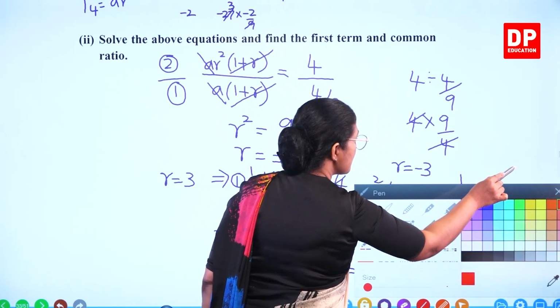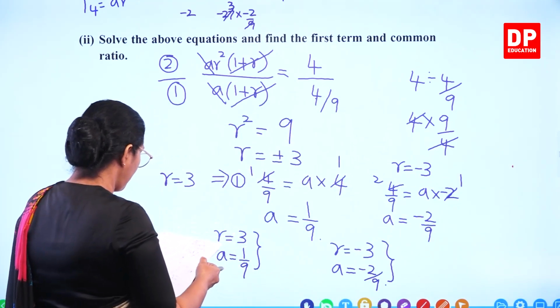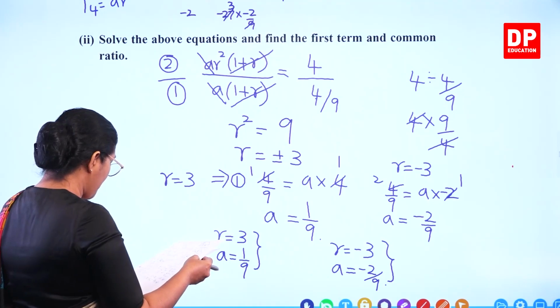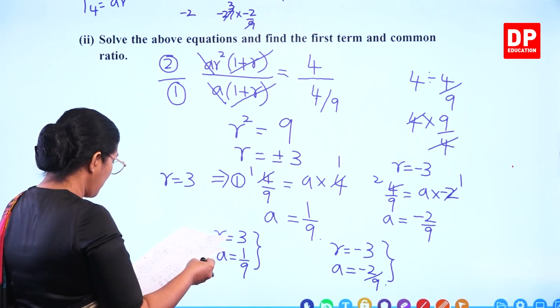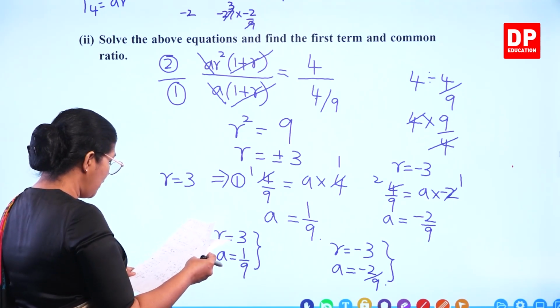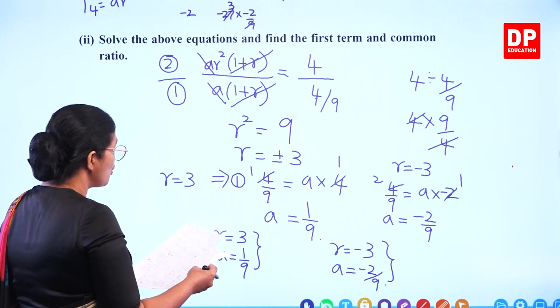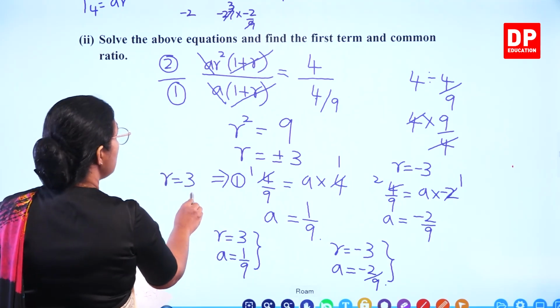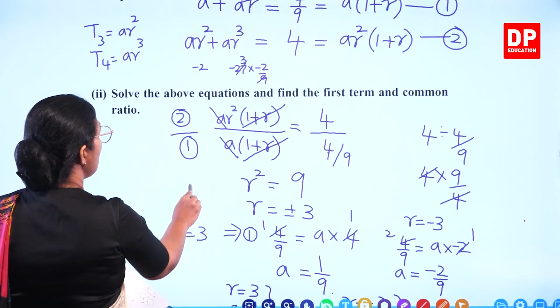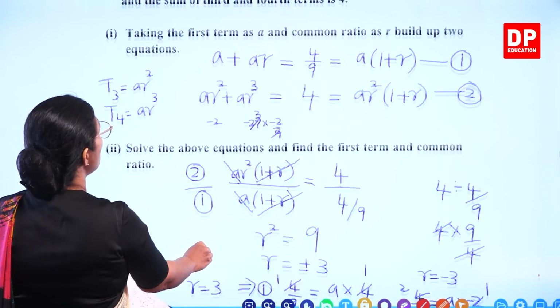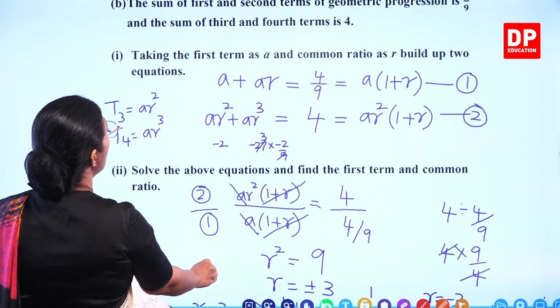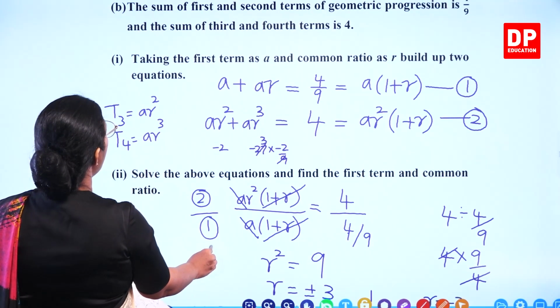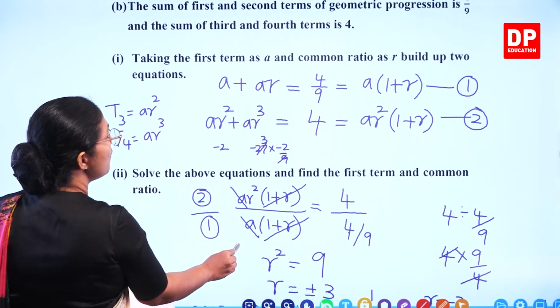Let's give marks. So in the marking scheme, they have done only the positive solution, but it's not mentioned in the question. Solve the above equation, first term and the ratio. Nothing is given about whether it's a positive value.